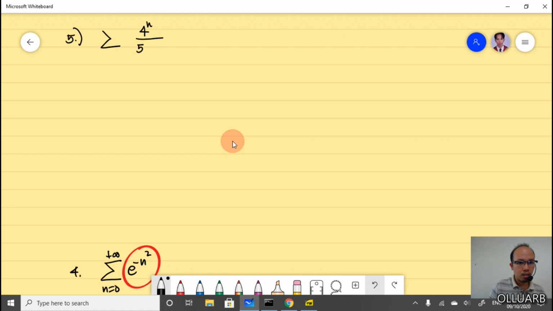Let's try 3 to the n plus, let's see, minus 1, where n starts from 1 to positive infinity. Let's try to solve this. Remember that the term here resembles the geometric series.